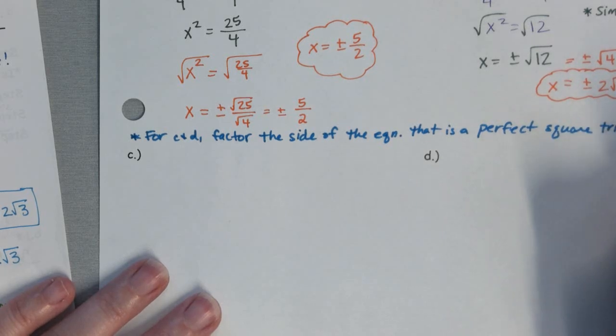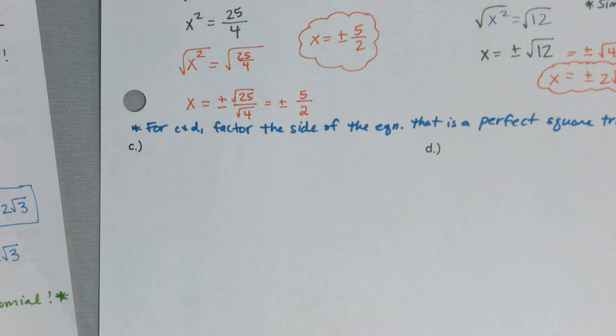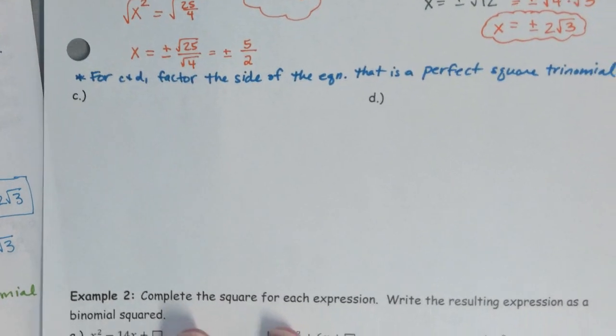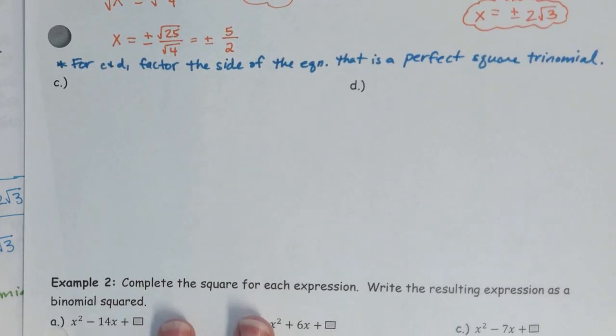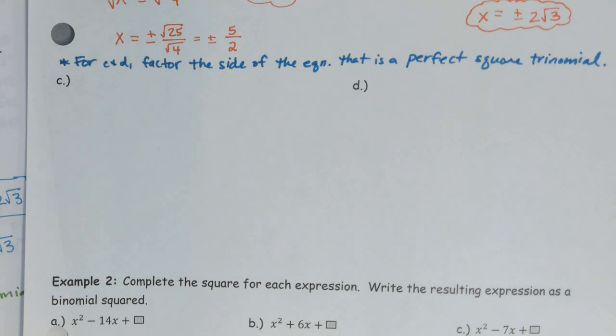And that will be obvious. It'll be obvious which side is a perfect square trinomial. Once we've done this, you guys will be able to recognize it. So when you see that you have a perfect square trinomial, you are going to factor using those rules that we did last week.